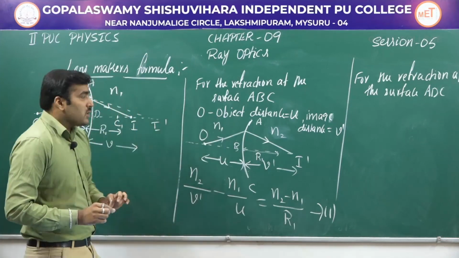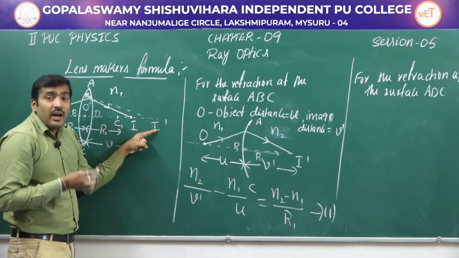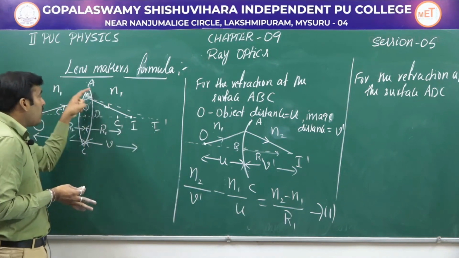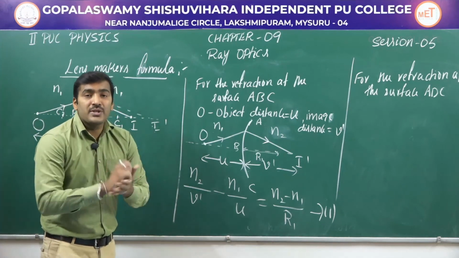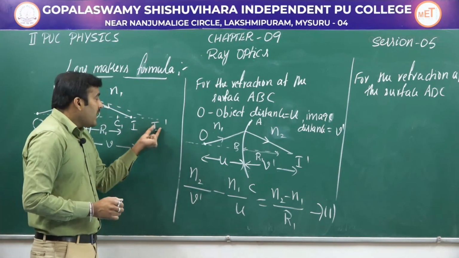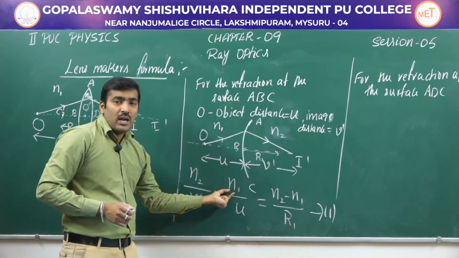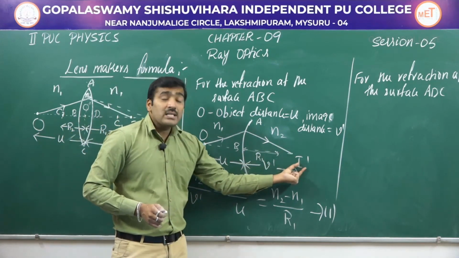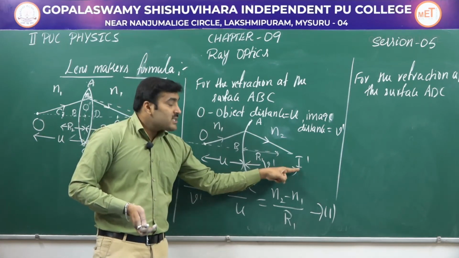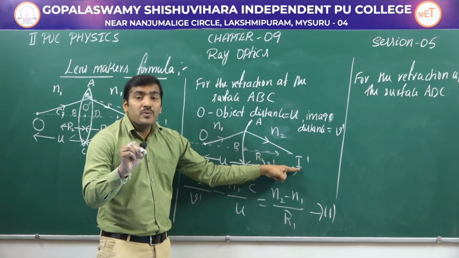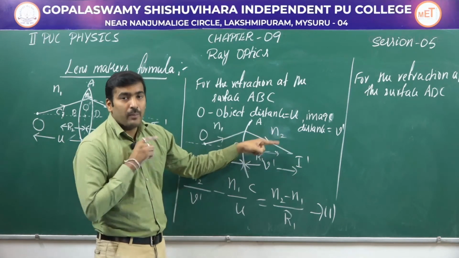For this refraction, it is very important to note that this I dash, the image formed because of the surface ABC, acts as a virtual object. This I dash acts as a virtual object which is in a medium of refractive index N2. That's a very important point to remember.